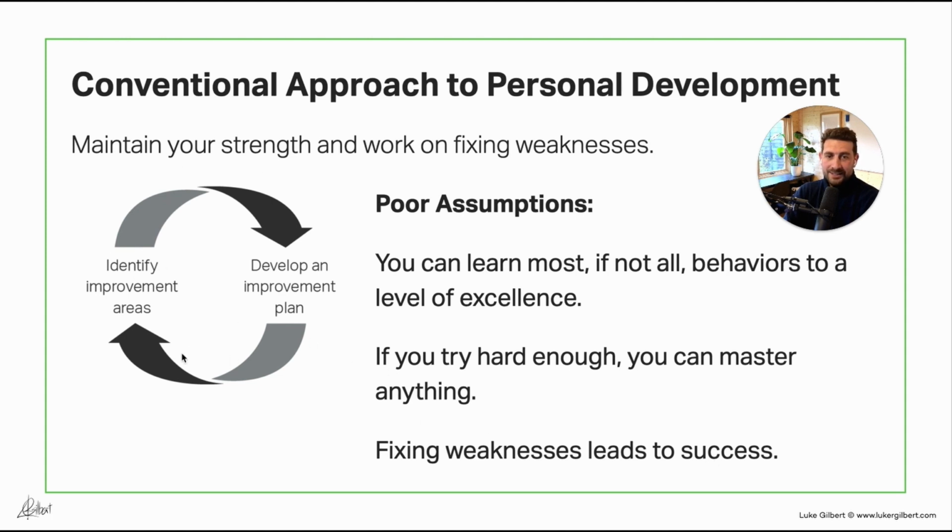So we get stuck in this loop where we identify improvements needed. We then move straight into a developer improvement plan. And that moves back to, okay, well, we found another place where we need to improve. Goes back into let's make a goal and create a plan and try and improve.